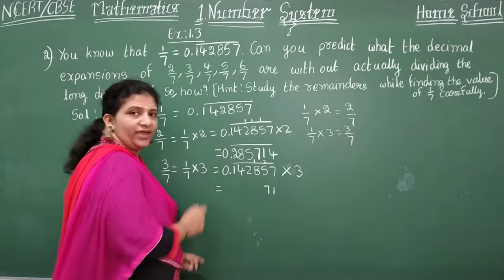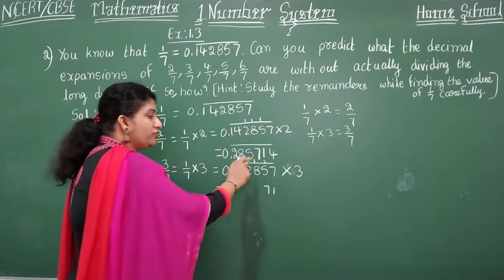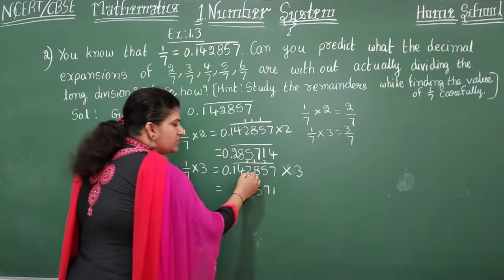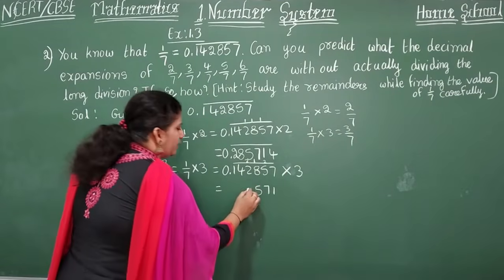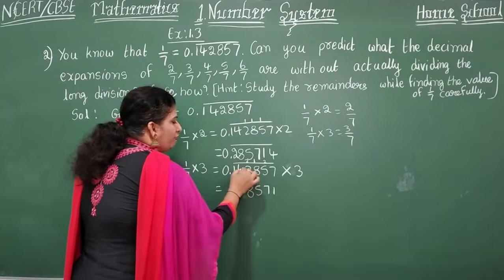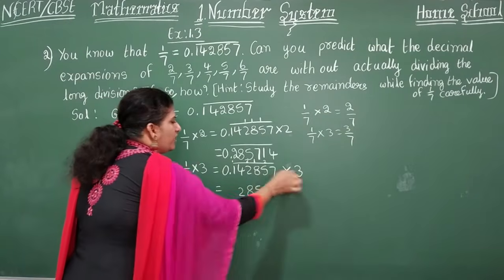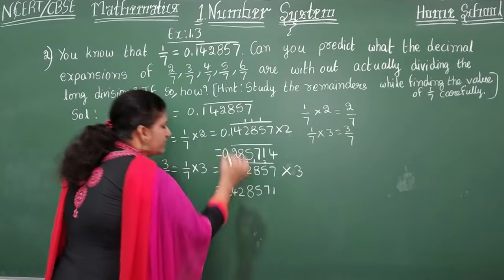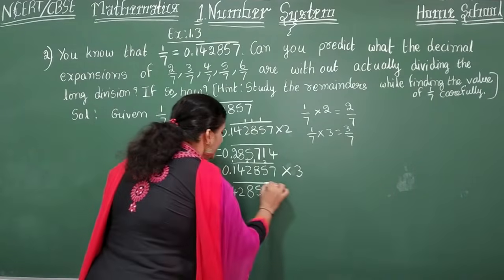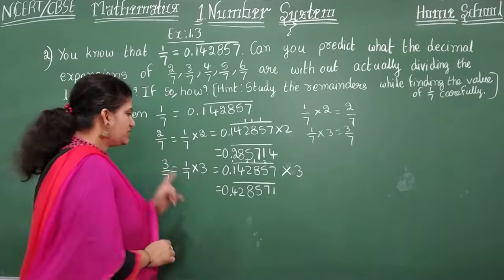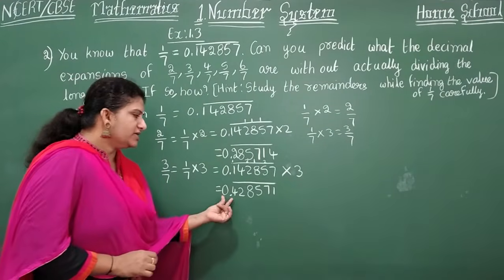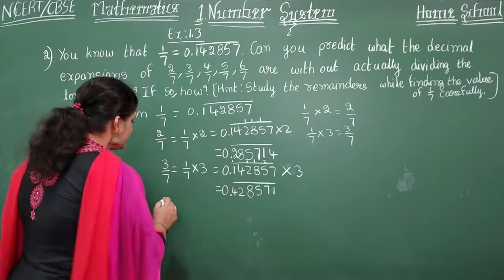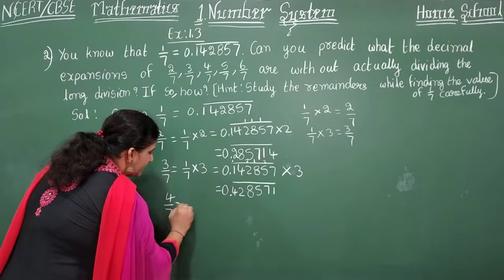Then what about here? 3 eights are 24, 24 plus 1 will be 25. 3 twos are 6, 6 plus 2 will be 8. 3 fours are 12. 3 ones are 3, plus 1 will be 4. Again 0 point will be continued and your bar will be followed. So what's your 3 by 7 value, children? 0.428571.